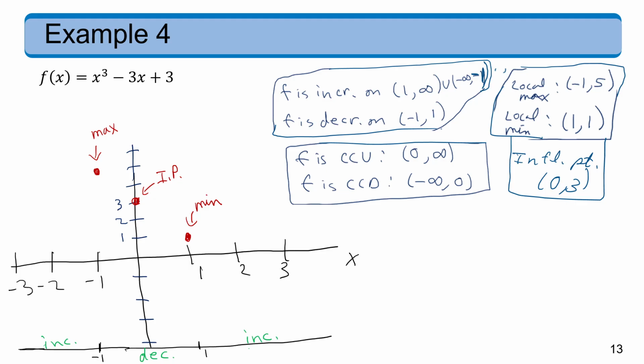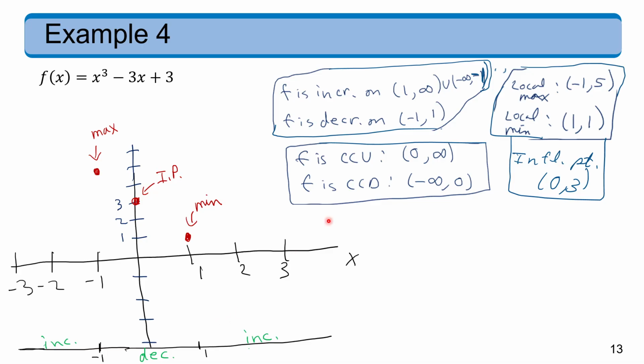So when we sketch the graph, we want it to start out increasing, get to this max, switch to decreasing, pass through these two red dots. When we get to this red dot, that's where it switches back to increasing. So we're already starting to get a feel for the shape. But before we start drawing, let's make sure we think about the concavity.